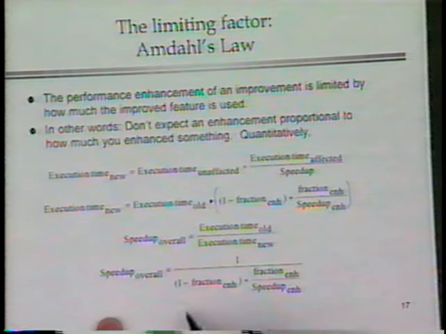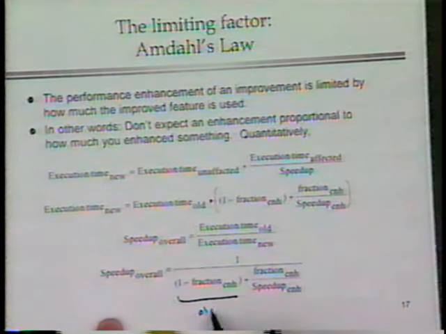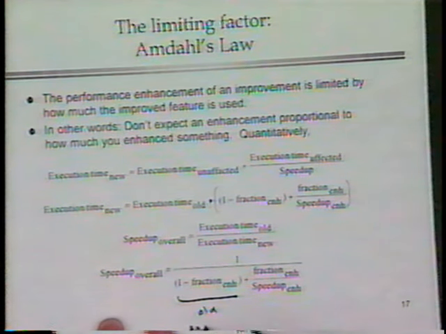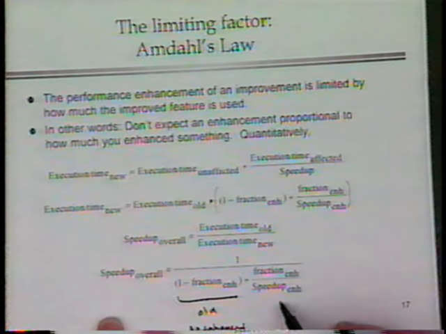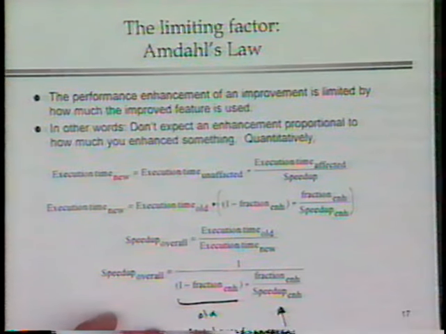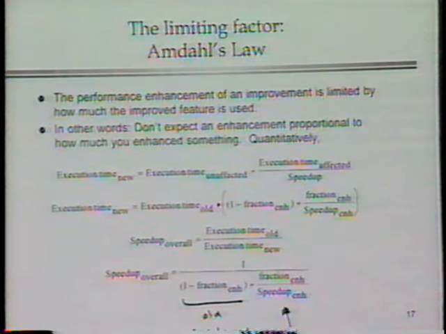The 1 minus fraction enhanced, which is the old part, the unenhanced part, plus the enhanced part divided by its speedup. Pretty simple, but sometimes produces surprising results.